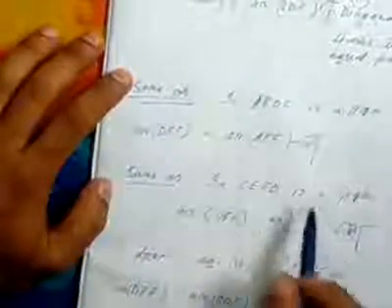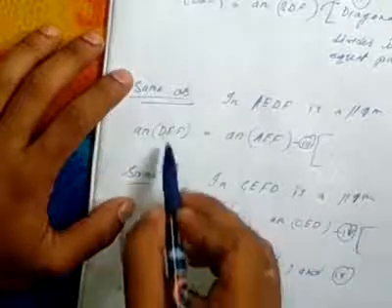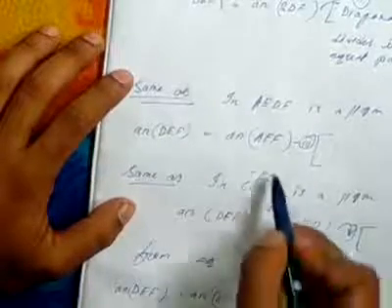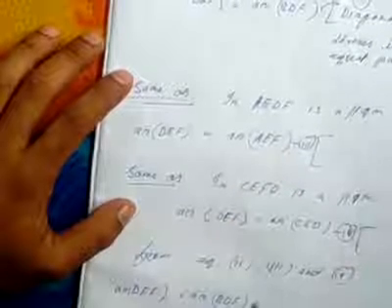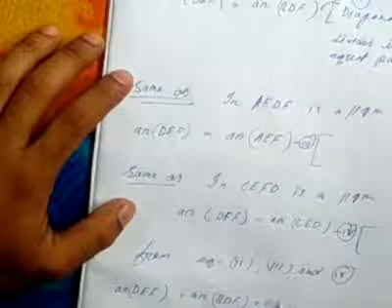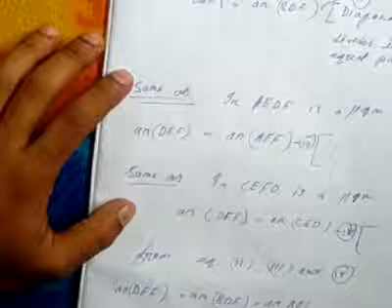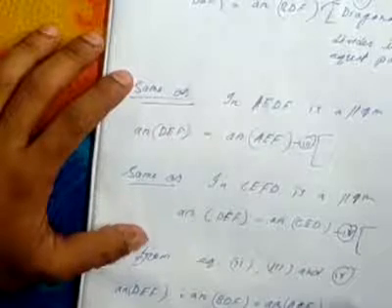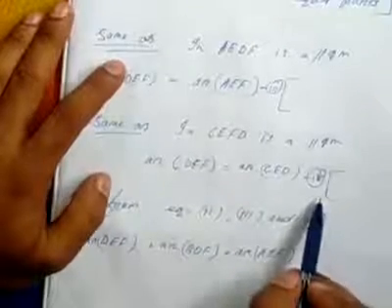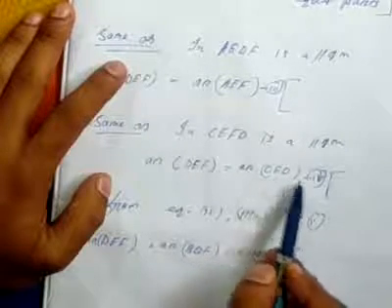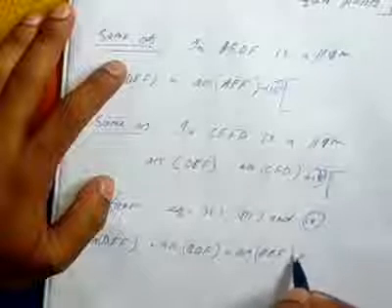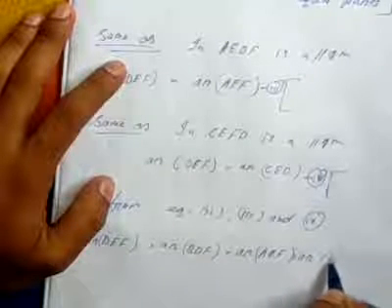Again if you come to equation number 3, you can see that DEF is equal to area of AEF. Again, from equation number 4, you can see DEF is also equal to area of CED.